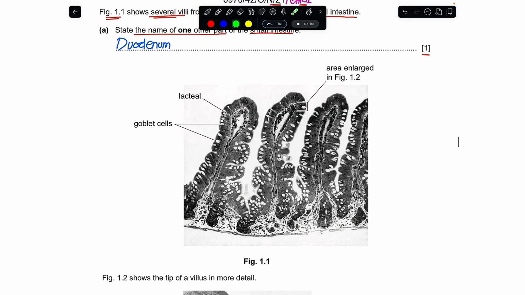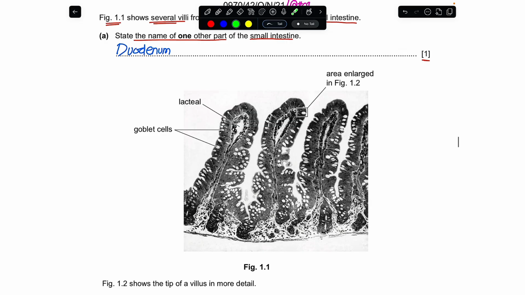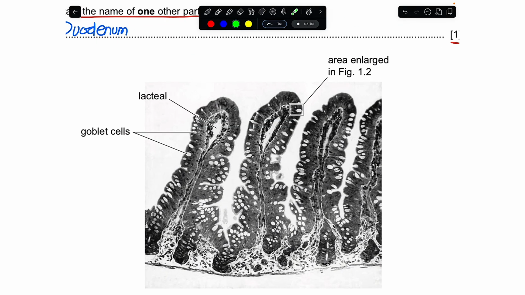Now, coming toward this diagram 1.1, what they show us is the lining of the small intestine, and the lining of the small intestine has the villi. Within the villi, they are showing you the cells here, this cell and this cell and this cell. They are the goblet cells and they secrete the mucus.